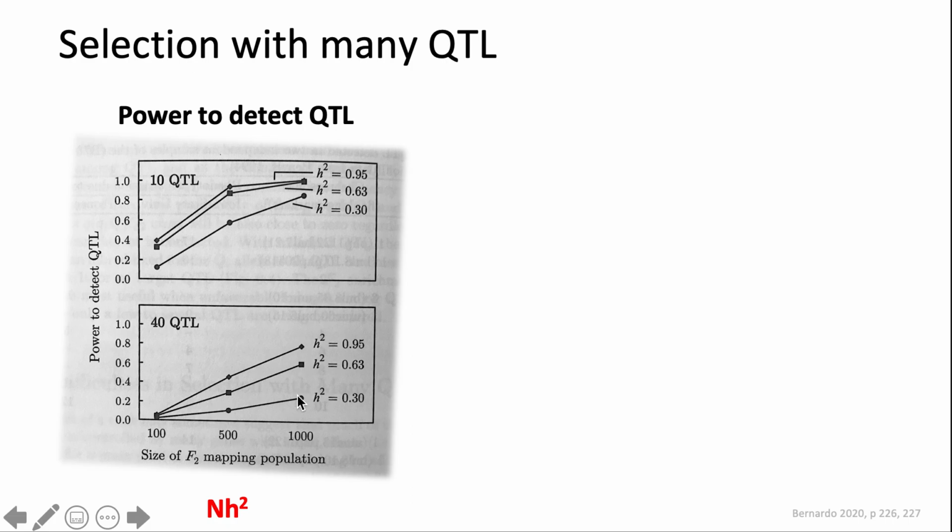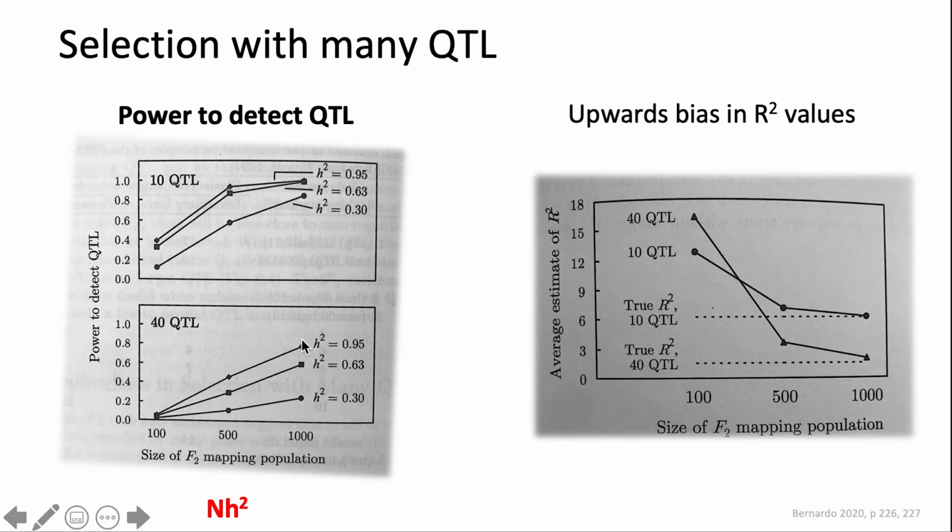But as you can see here, even with a really high heritability and a big population size, it is still difficult to identify all the QTLs. This graphic is also important because the issue is not just to identify all the QTLs, but also to capture the R square, or the variance that is explained by the QTLs that you identified.